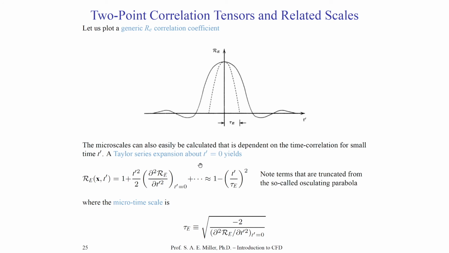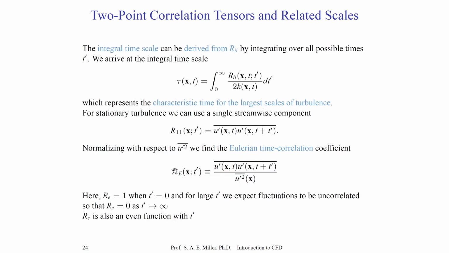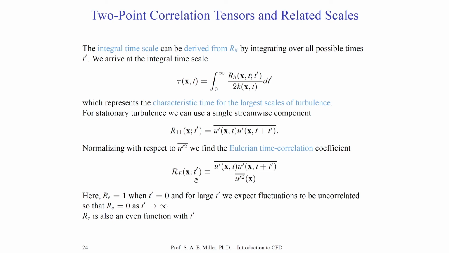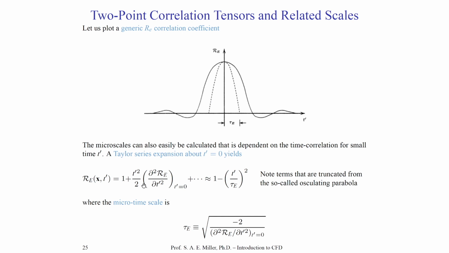So, an expansion of the Taylor series of Re, this equation, about time t prime equals 0 will yield this particular equation. It's just a Taylor series expansion of the last equation, number 24, which of course is the autocorrelation for one component of the Reynolds stress. And we'll find 1 plus t prime squared over 2, etc., partial derivative of Re, partial t squared at time prime equals 0, plus higher order terms.